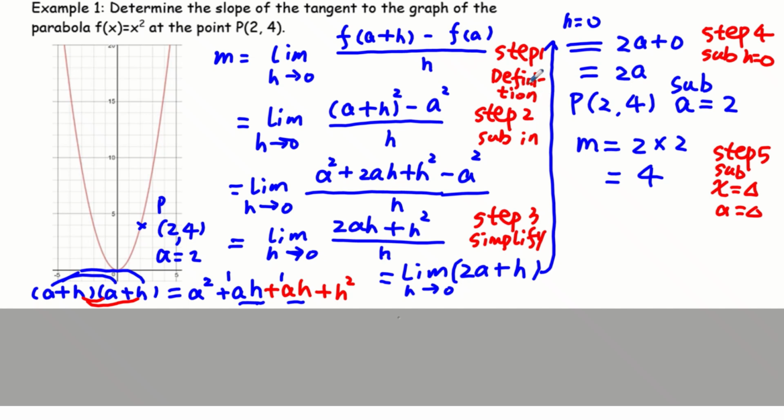So definition for the slope of tangent, limiting value as h approaches 0, then sub in the input, then simplify, then do the subbing again, h equals 0, then sub in the a value again, then we have the final answer. So this is a first example how to find the slope of the tangent by using the limiting function.